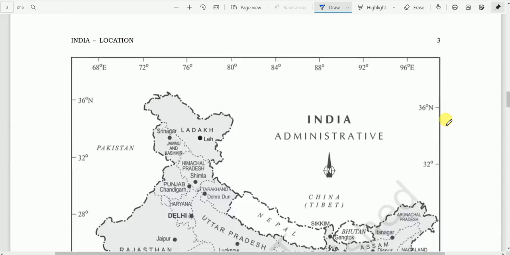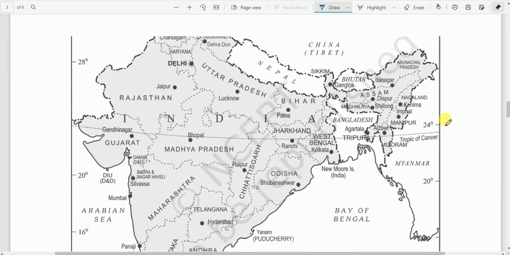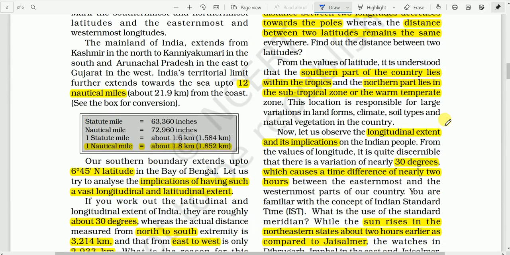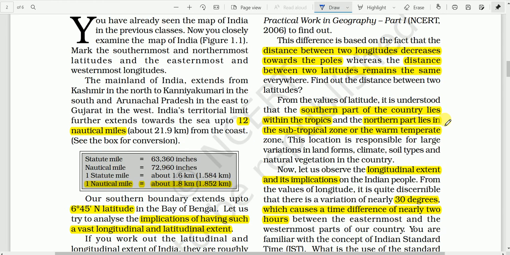If you observe this map, you can mark the southernmost and the northernmost latitudes, and the easternmost and the westernmost longitudes.